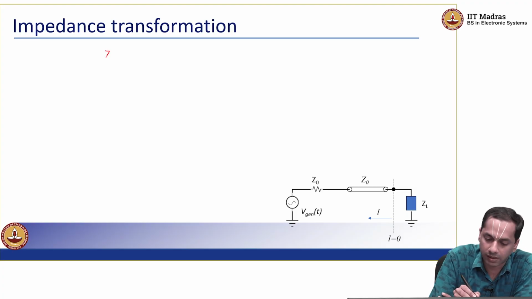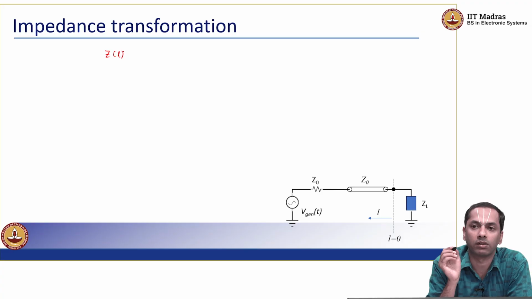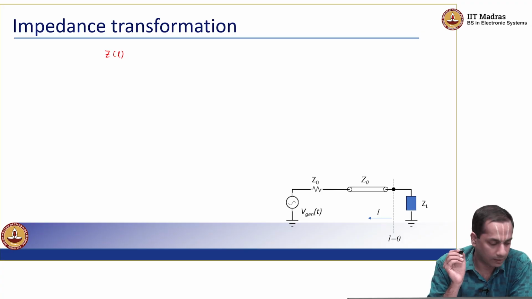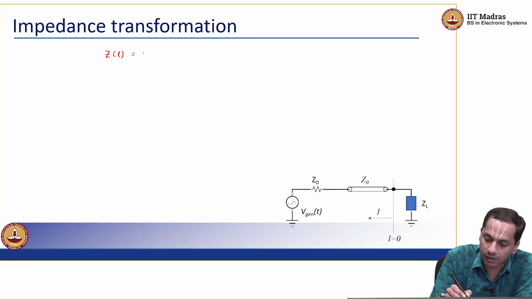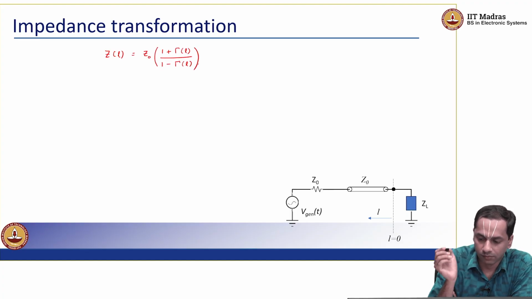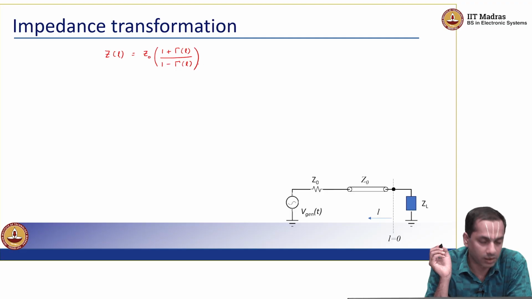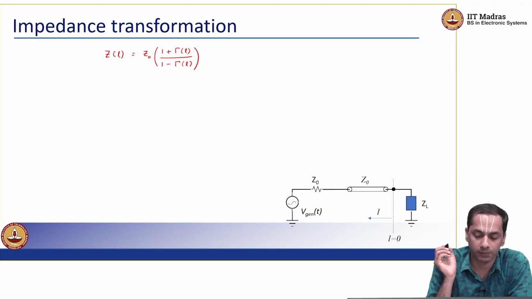So, from the last slide, we can say that the impedance at any location along the transmission line L is given by the characteristic impedance multiplied by... So, this we got from the ratio of the voltage to current at any point along the transmission line.